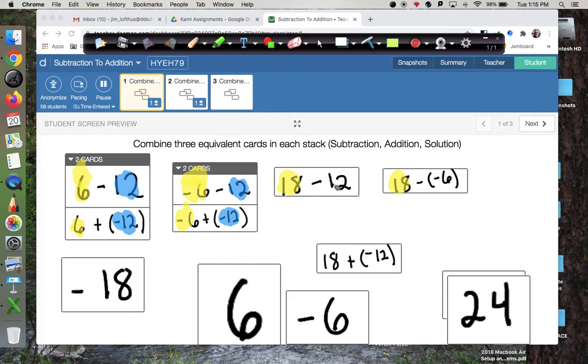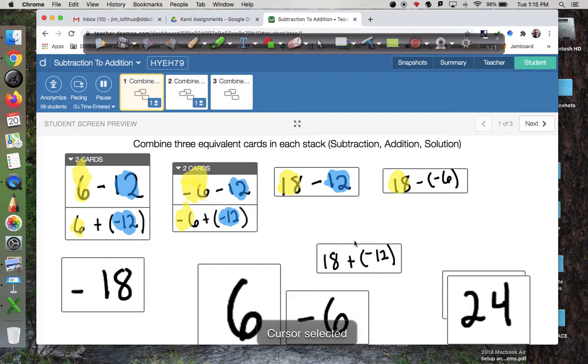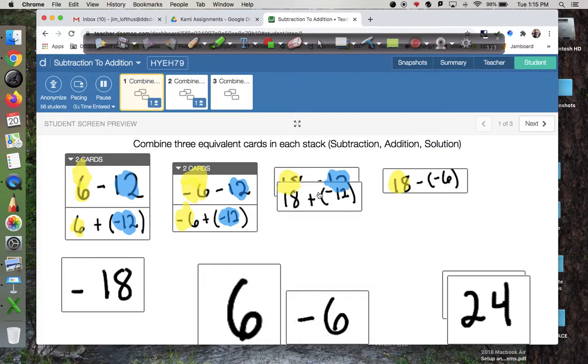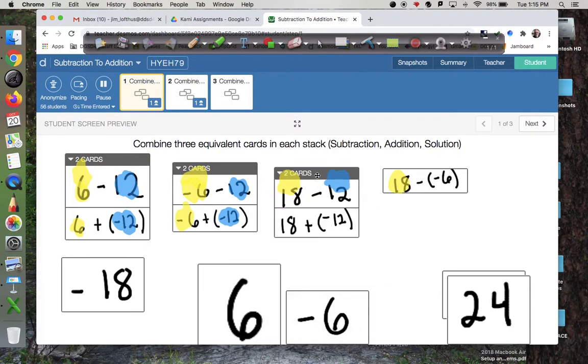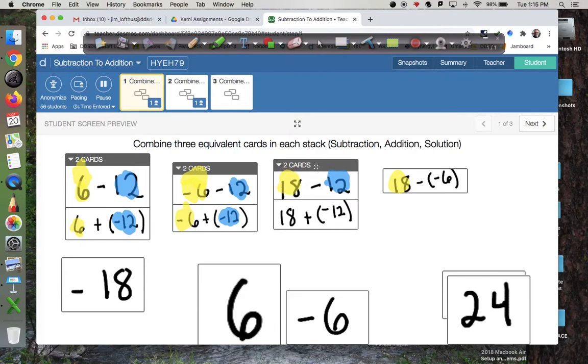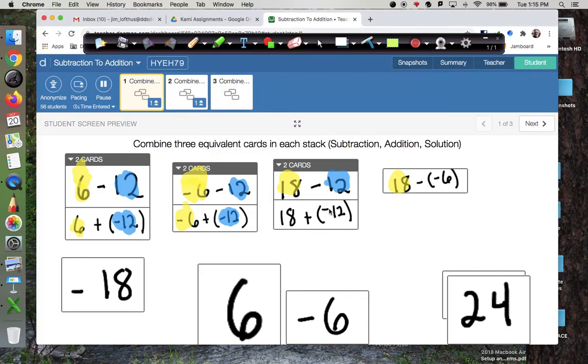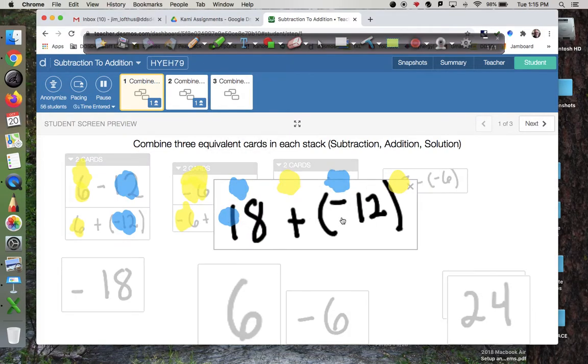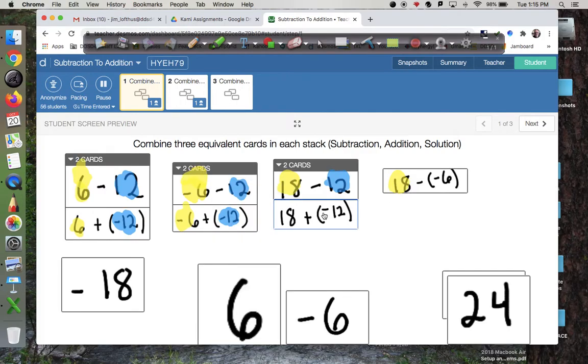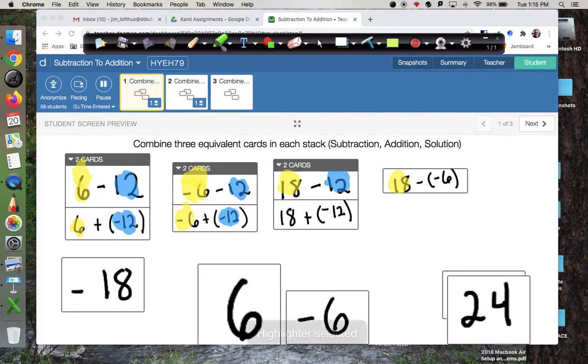This is going to be a +12, so I'm going to look for a -12. Here we go. So, whoops, let's get rid of that. And let's get this.